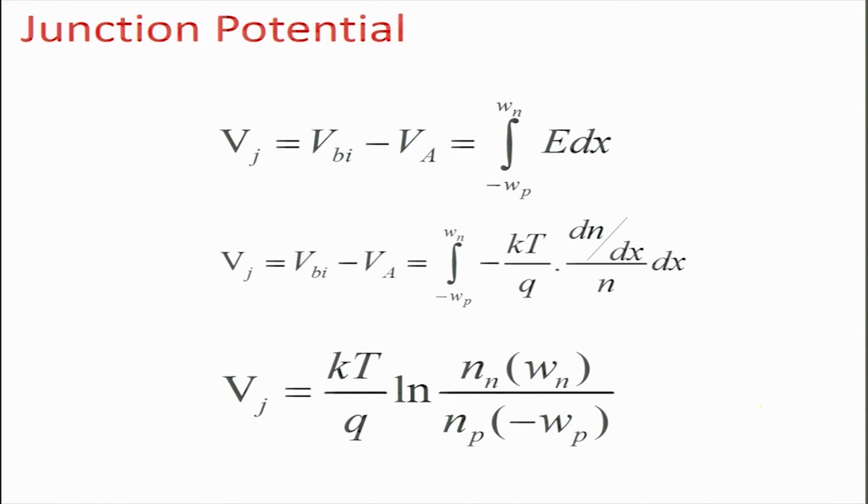Since we are taking it in terms of electrons, we get the relation for electron concentration. Nn is nothing but the majority carrier concentration on the N side at Wn. Np is the minority carrier concentration at minus Wp. So, the log of the ratio of the majority carrier concentration on the N side to the minority carrier concentration on the P side, multiplied by kT by q, is the junction potential.